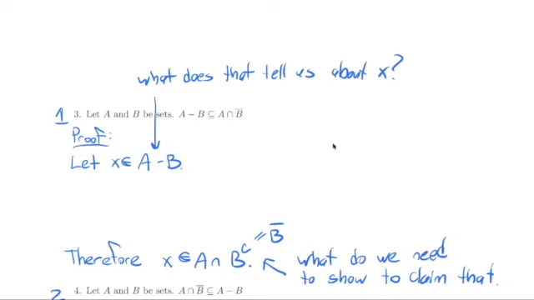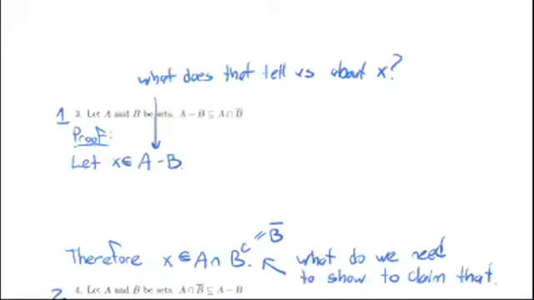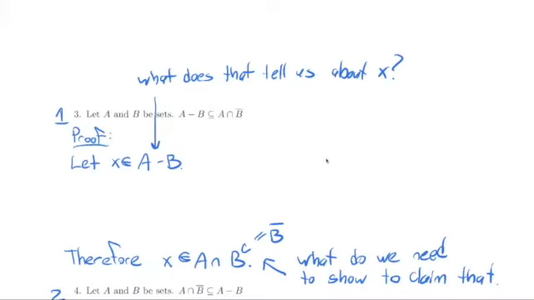I would like to show that X is an element of the set A, and in addition, it's an element of the complement of B. And once I show those two things, that would be enough to claim that X is an element of A intersect B complement. Okay, any questions before we try these in breakout rooms?